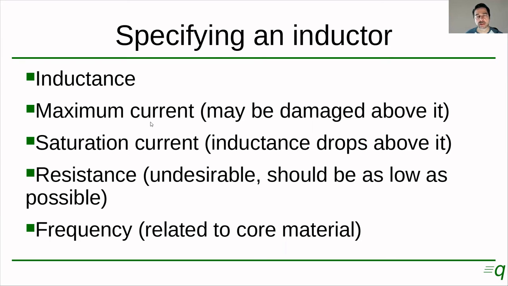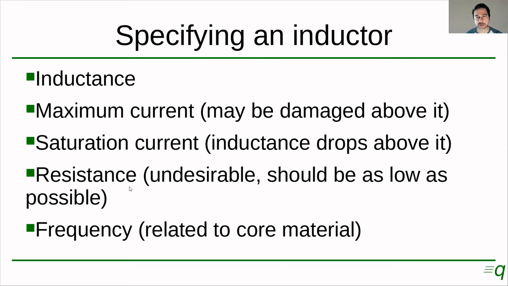But there's some other parameter, which is the saturation current. Saturation current is the maximum current that the inductor can handle while maintaining the specified inductance here, right? So you have to be careful not to exceed this current. The other thing that you have to keep in mind is the resistance, because the inductor is made of a coil of wire.